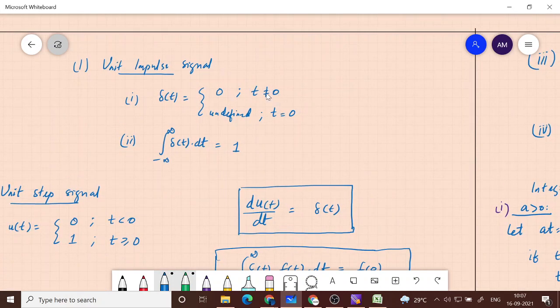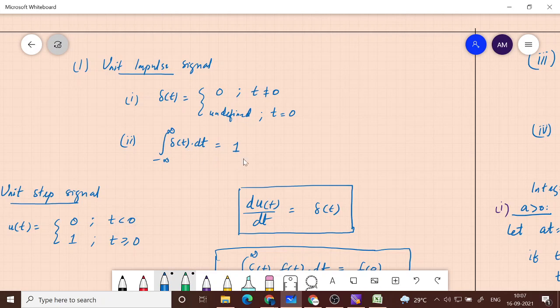So for t not equal to 0, it is 0. That's the only information we know, but we don't know what it is at t equal to 0. But then the second part of the definition gives you some idea. Though we say it is undefined, we have some idea.